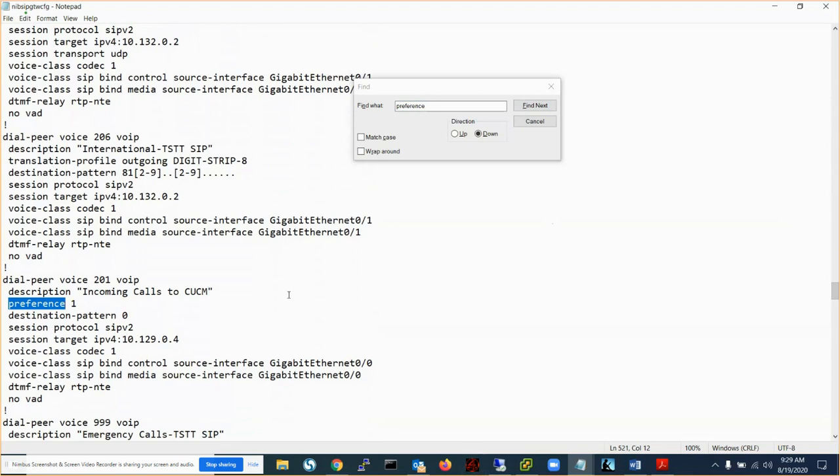So once it is translated to 0, I have another dial pair that says the destination pattern 0. Once you see the 0, send it to this IP address, which is the IP address of the subscriber. But now you are seeing preference 1. I think dial pair 200 will be the one. I don't know where I have dial pair 2. The system just mixes up all the numbers. I don't know why it doesn't keep it in order.